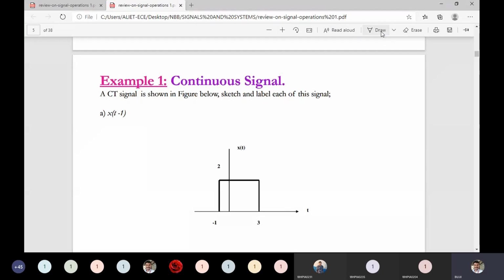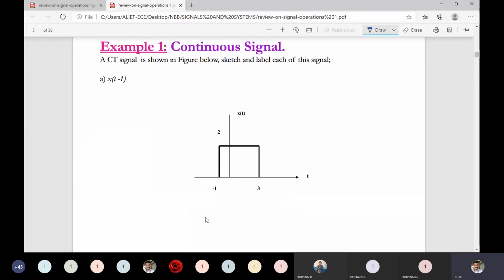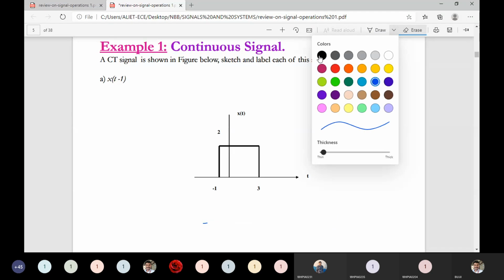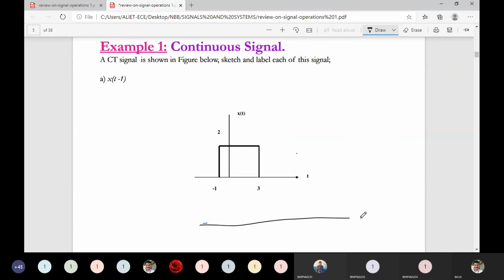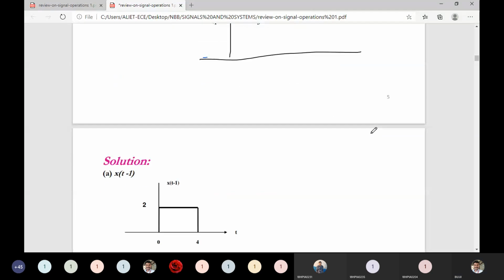Actually, this is x of t. Signal x of t minus 1: t minus 1 is equated to 0, so t equal to 1.